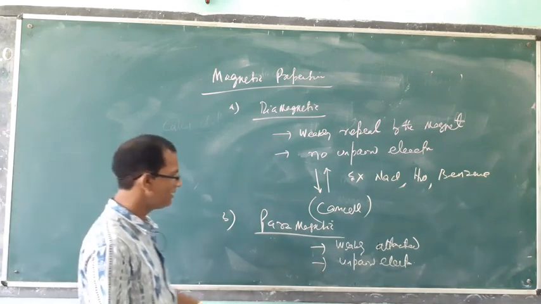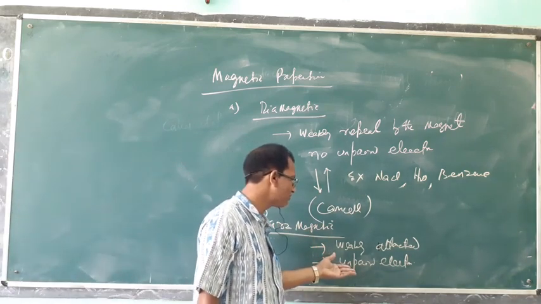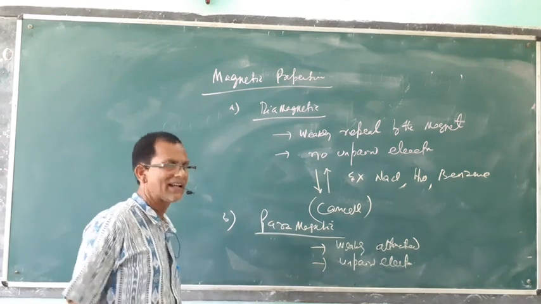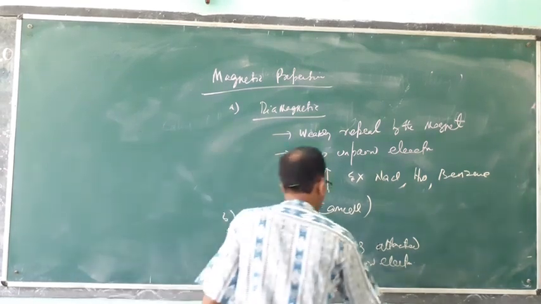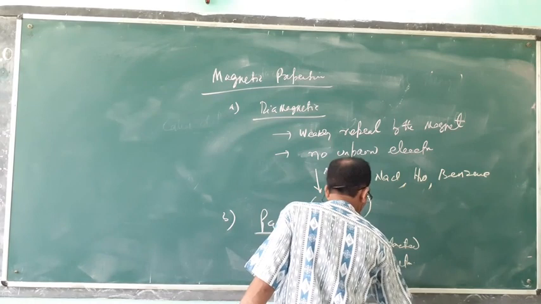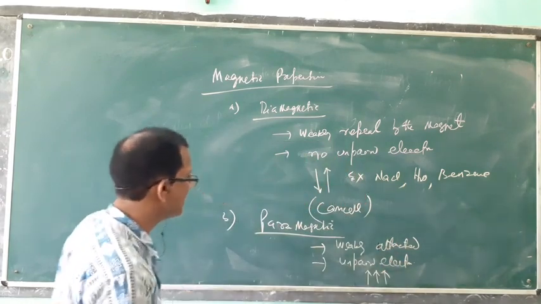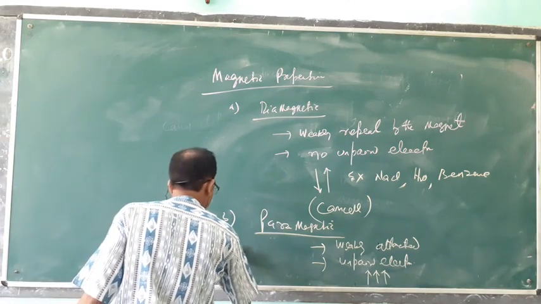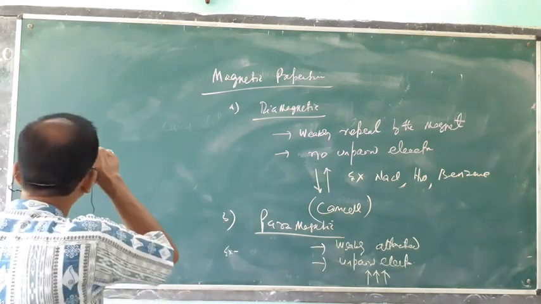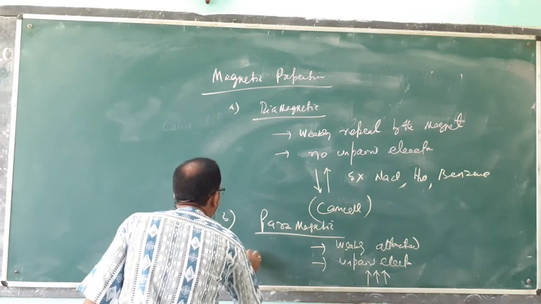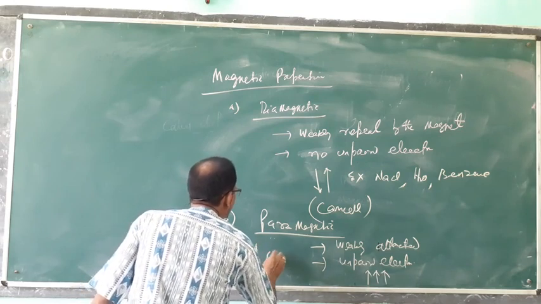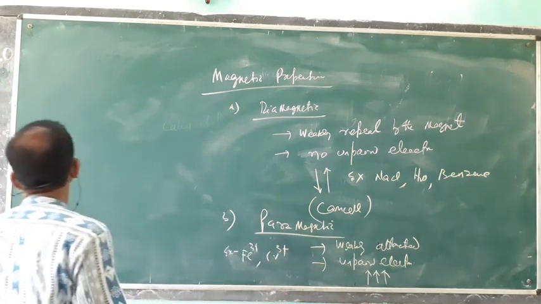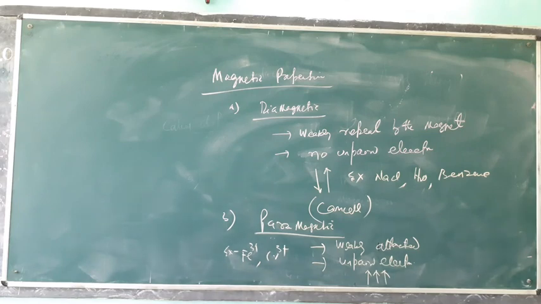Here, having unpaired electrons, they will not cancel each other. That's why the magnetic moment will not be cancelled. And what are the examples of paramagnetic substances? Examples are ferric ion, chromium ion, oxygen.